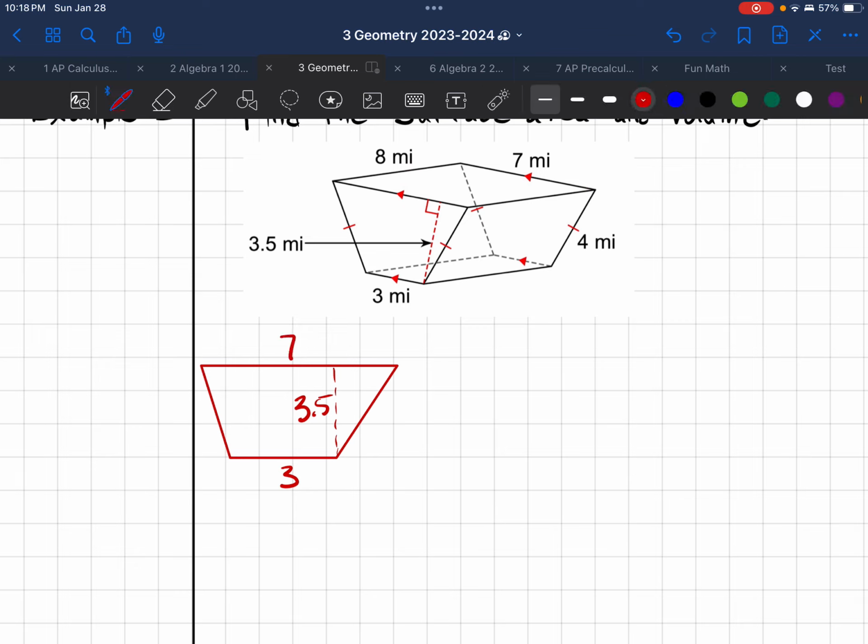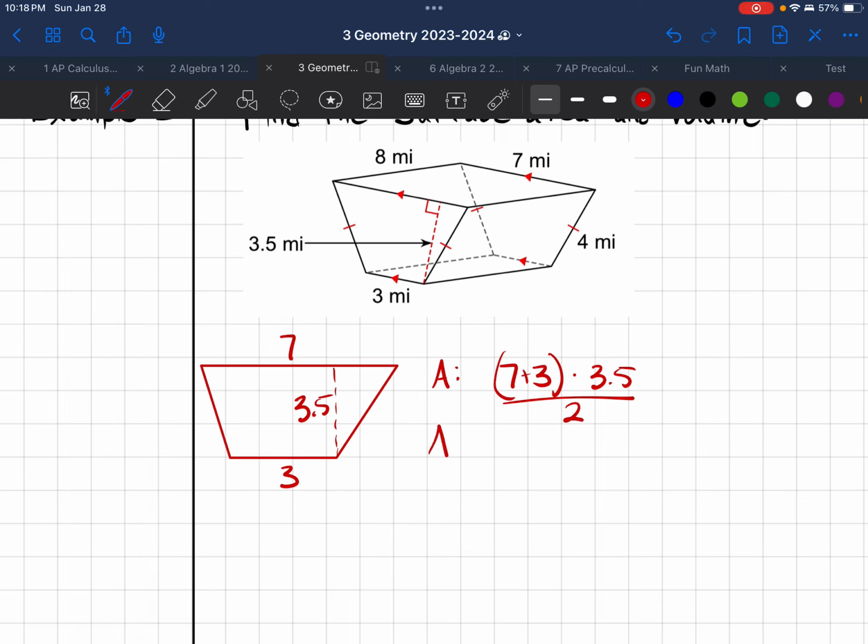I happen to know that the way that you find the area of a trapezoid is you add these two base numbers together, the ones that are parallel. So I'm going to add 7 and 3, multiply that by the height, 3.5, and then divide everything by 2.